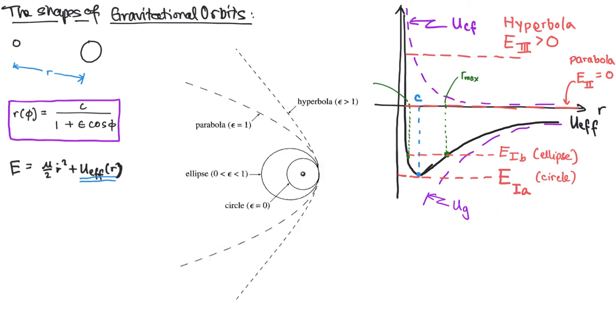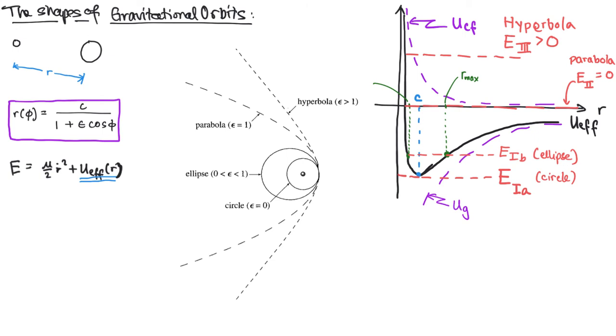So here's a summary of the cases we described. We have two bound orbits, a circle and an ellipse. We called that case 1a and case 1b. We have a parabola for which the energy is 0, and then we have a hyperbola for which the energy is bigger than 0. So we can annotate this diagram.